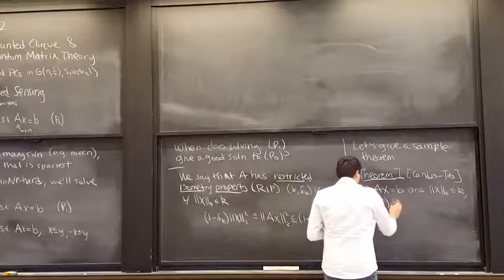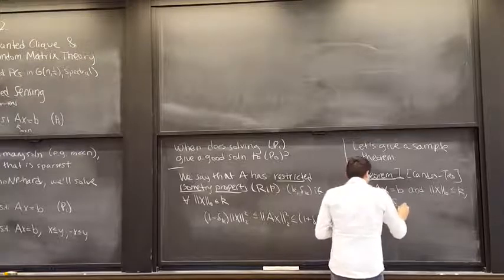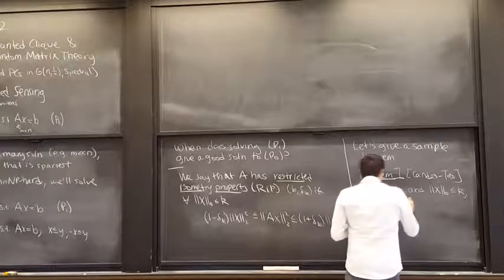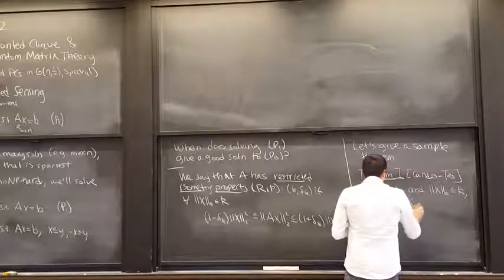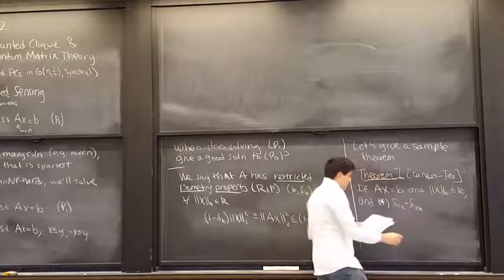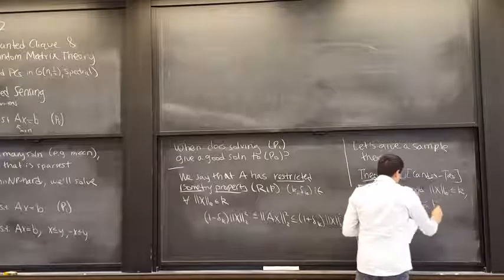Then you need some RIP-like constraint. I'm going to call this condition star. You need not only an RIP condition on k, but even an RIP condition up to 3k for this particular result to work.